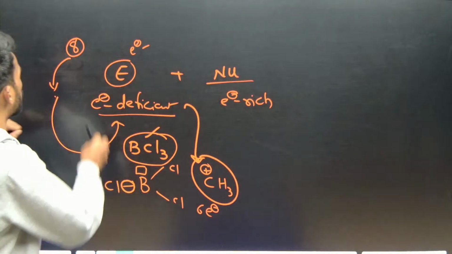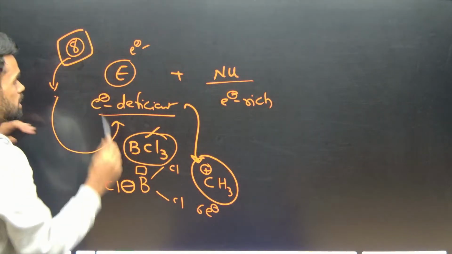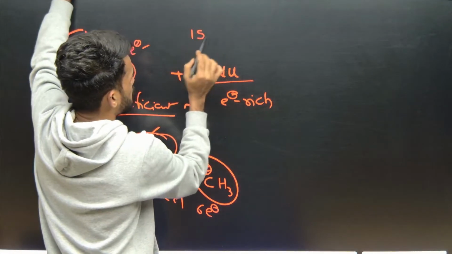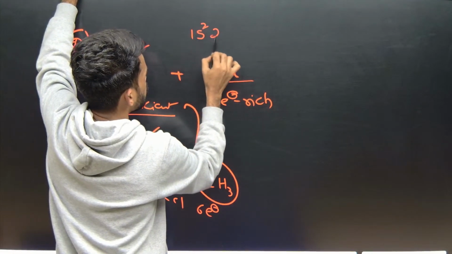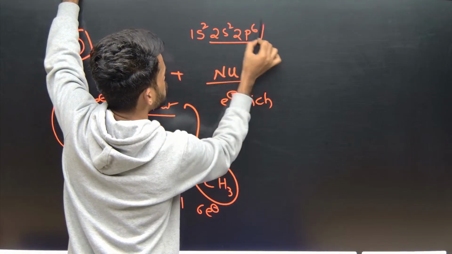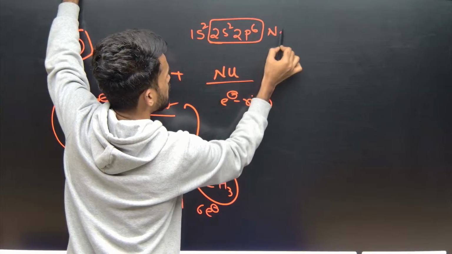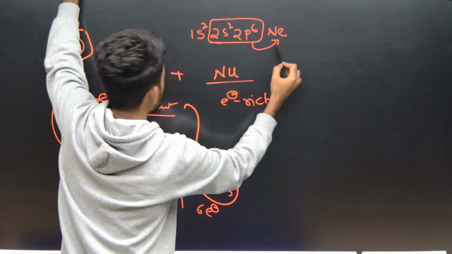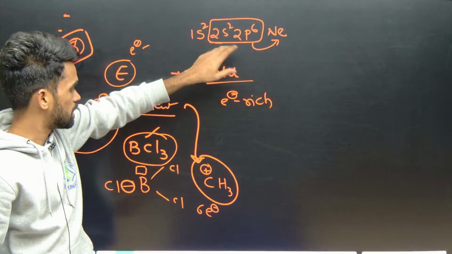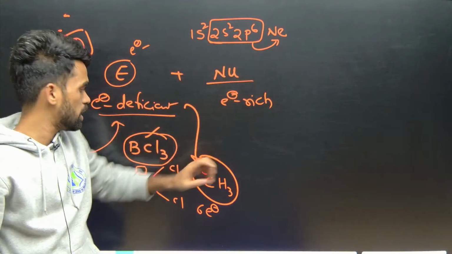So why do we require these 8 electrons in them? Because if you write the electronic configuration of noble gases, something like 1s2, 2s2, 2p6, these are the valence electronic configuration of neon. So we get a neon gas configuration, the noble gas configuration, with a total of 8 electrons in the valency.